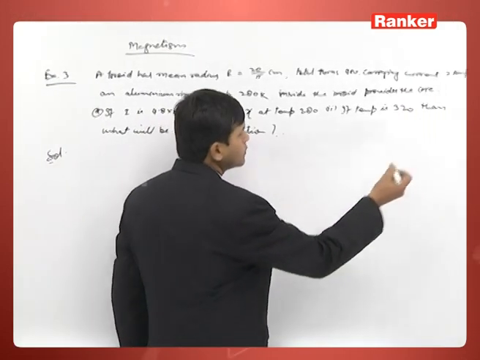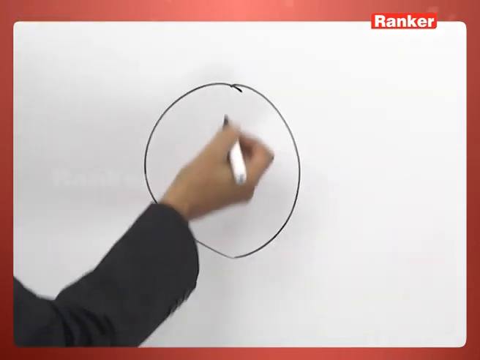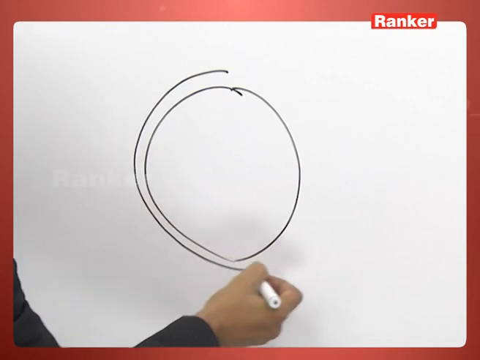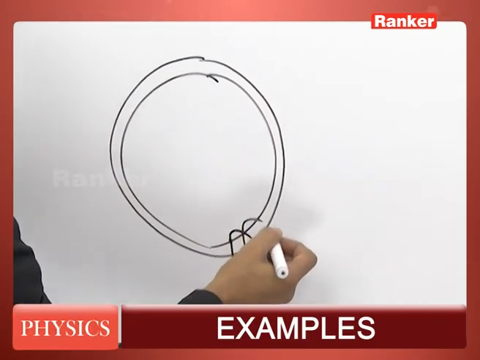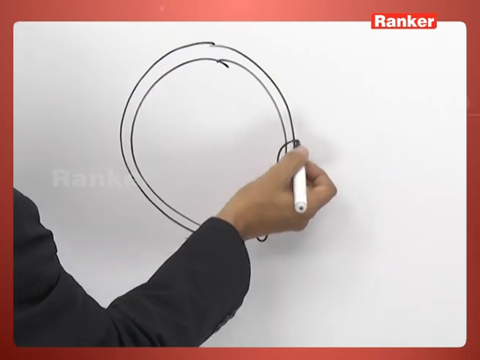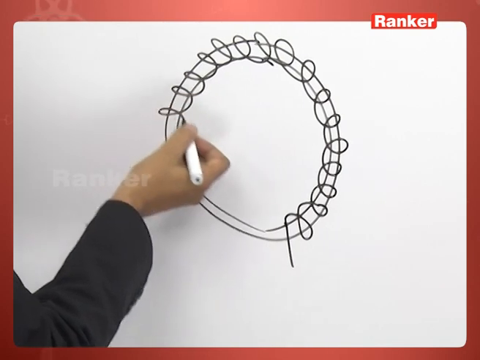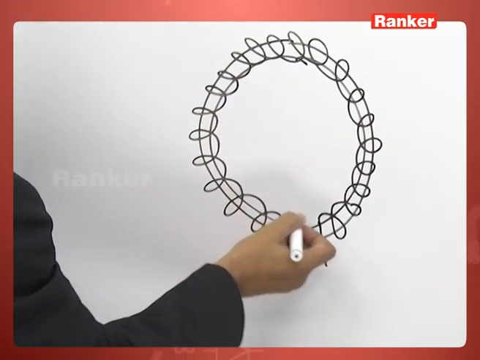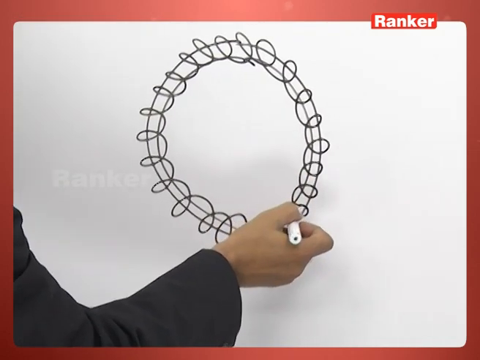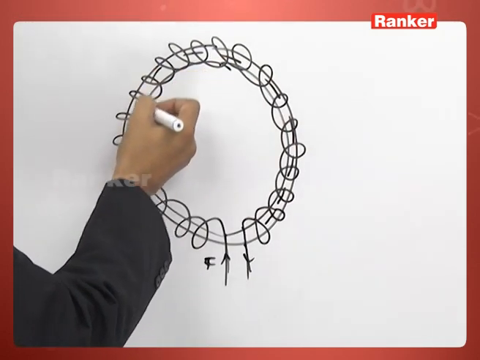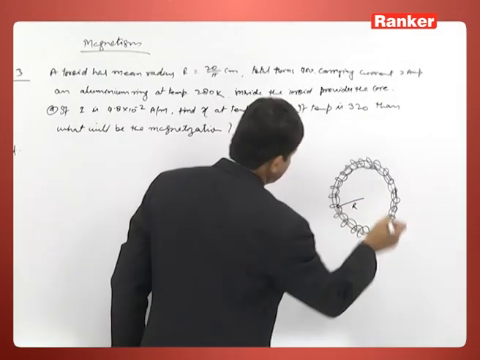See the meaning of this question. First of all, toroid is given. Toroid means this is your aluminum ring. On this aluminum ring, a wire has been wrapped like this, and in this wire some current I is there, and this is the mean radius of the toroid.